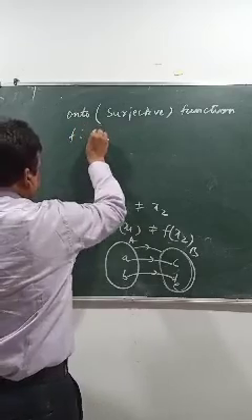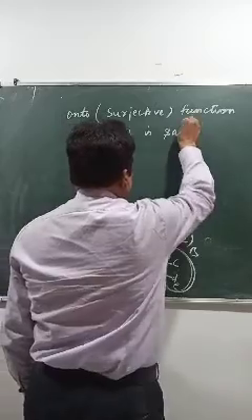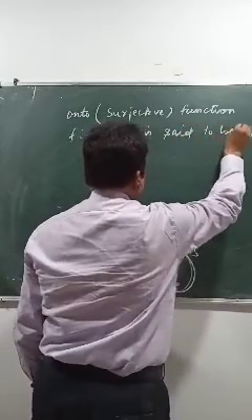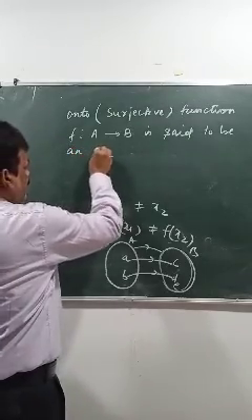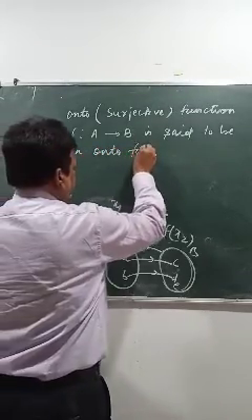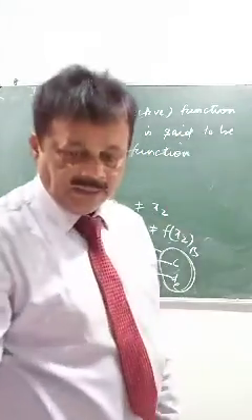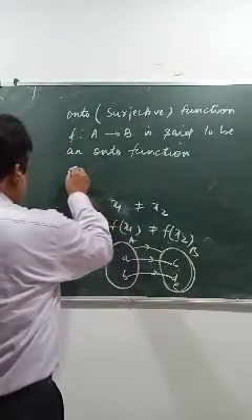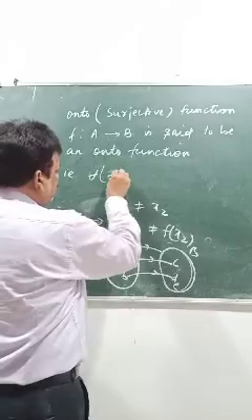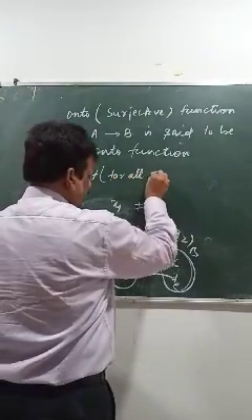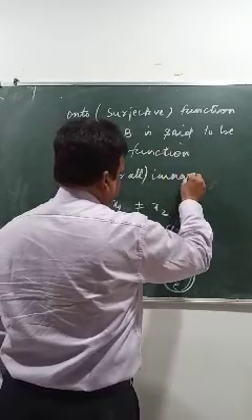A function f from A to B is said to be an onto function if for all images, there exists a pre-image.